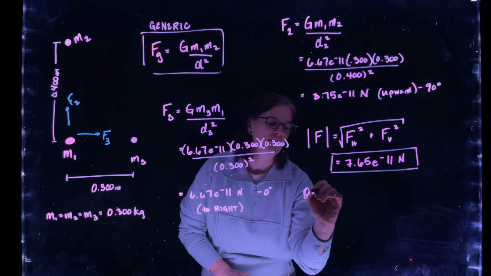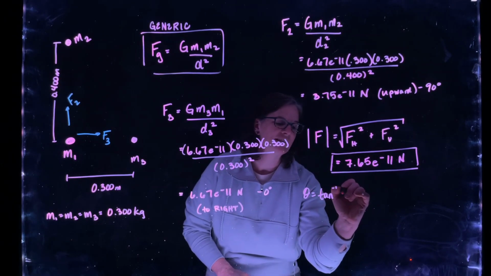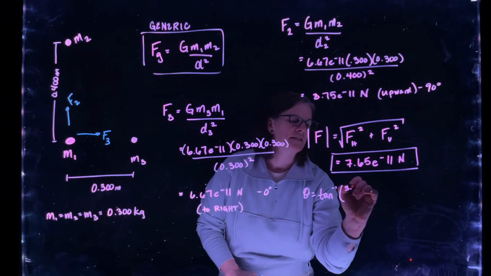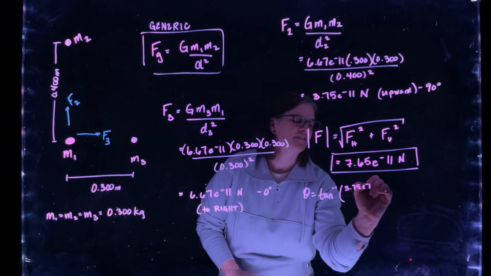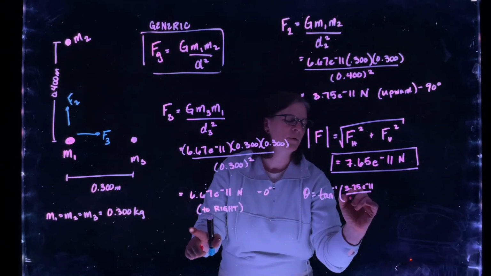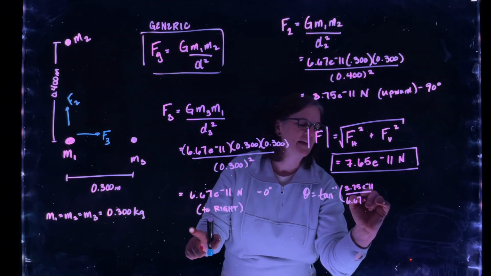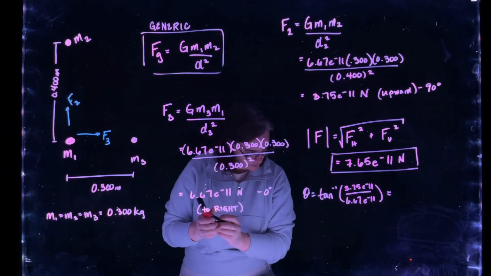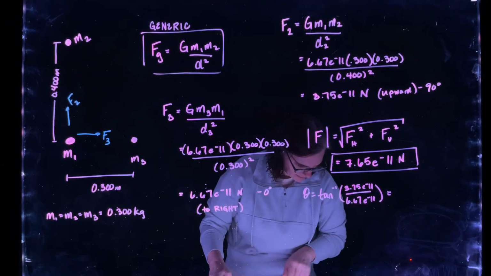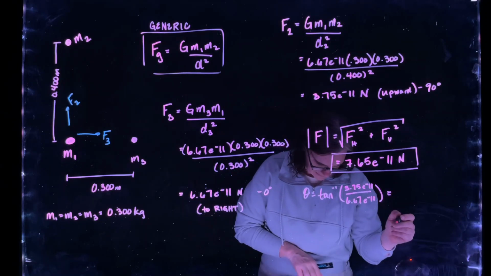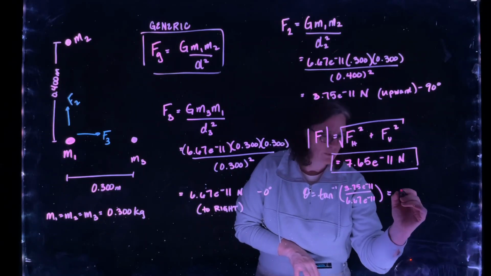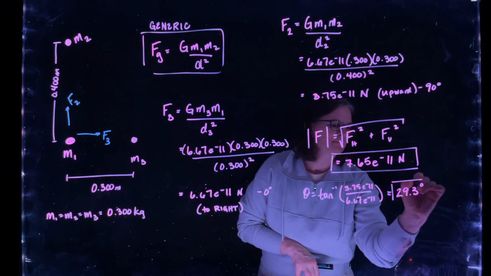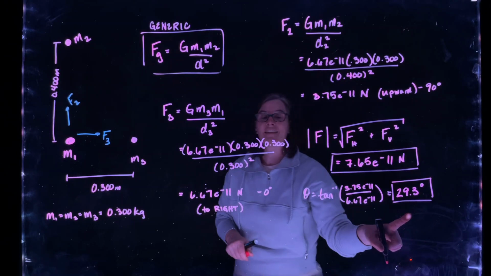And the angle, of course, is the inverse tangent of the vertical component, 3.75 times 10 to the negative 11th, over the horizontal component, 6.67 times 10 to the negative 11th. And we find that my angle equals 29.3 degrees. Now that's the answer that's given out of the calculator.